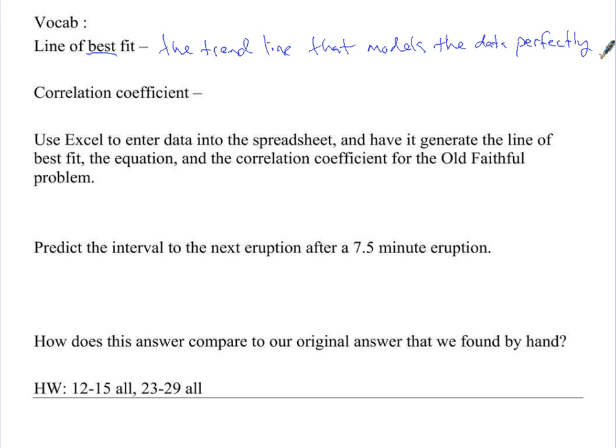The correlation coefficient is a measure of how accurate the trend line is. Okay, so the correlation coefficient, we'll figure out what that is later on. But the correlation coefficient basically just determines how strong the relationship is. So I'm going to put that on there too.